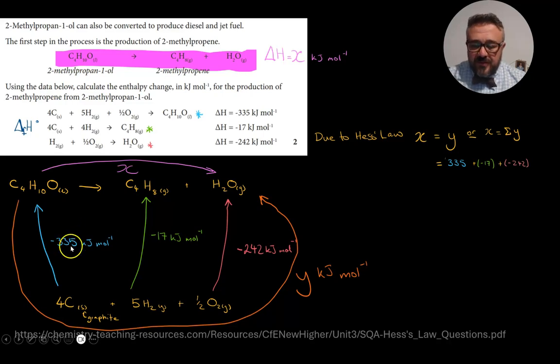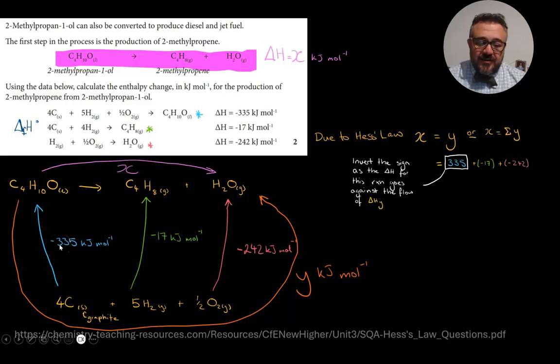So it equals 335 plus minus 17 plus minus 242. But you notice again we flip the sign here, and that's because it's going against the direction of delta H Y. And so we just add those together. Boom, done. That's it. 76 kilojoules per mole.